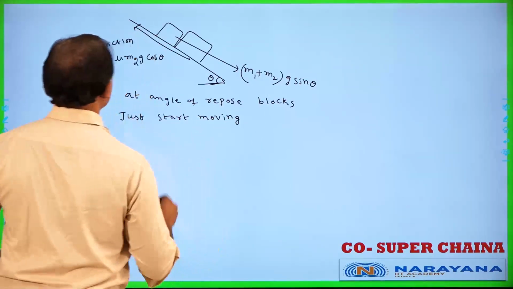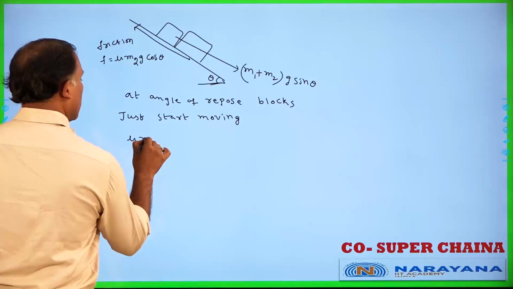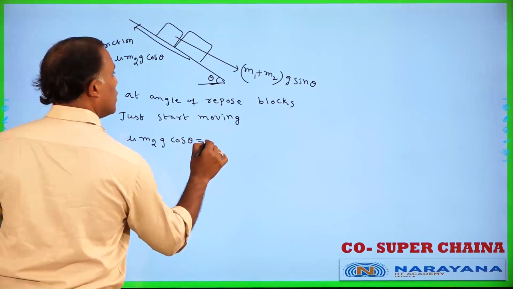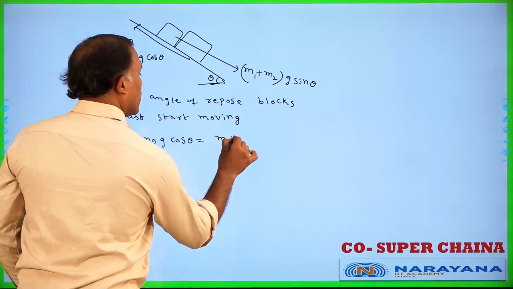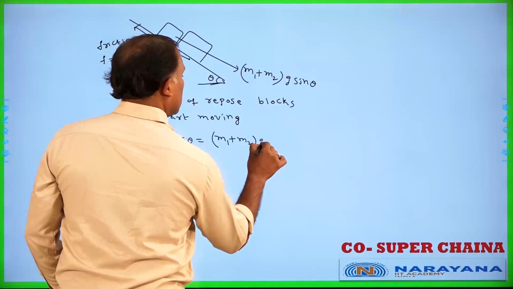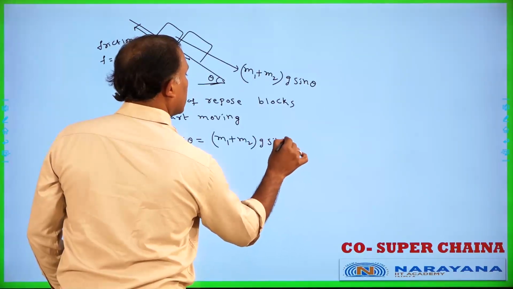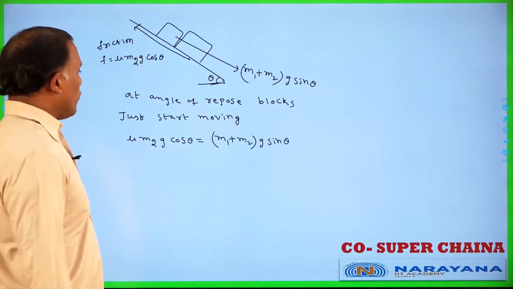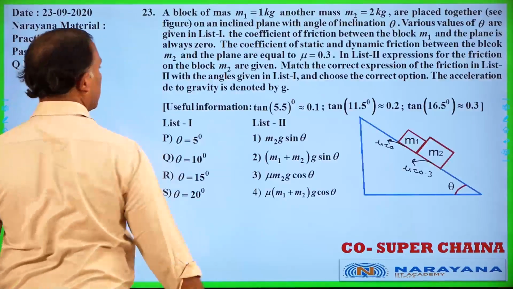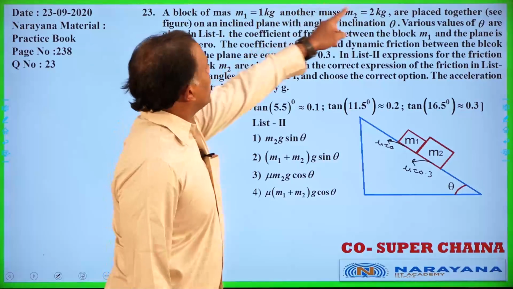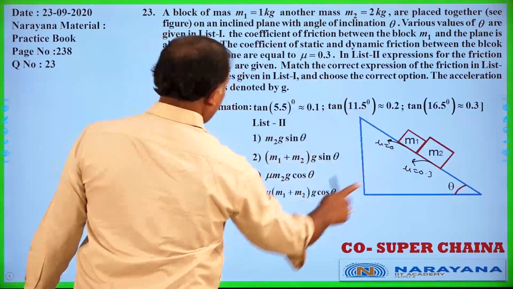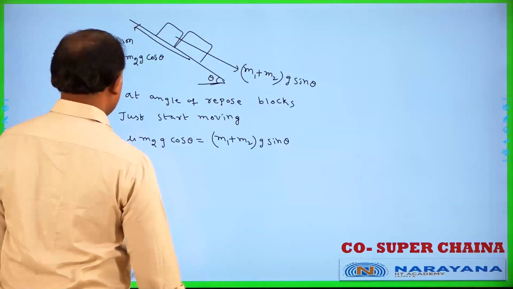So that means mu M2 g cos theta is equal to (M1 plus M2) into g sin theta. What are the M1 and M2 values given there? M1 is 1 kg, M2 is 2 kg given to you. And mu is equal to 0.3 given to you. Yes, let me substitute that.